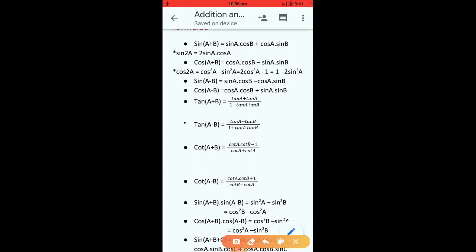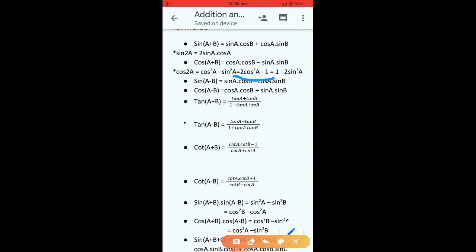Again, cos(A+B) is equals to cos A cos B minus sin A sin B. And again if A equals B, then we get cos 2A equals cos square A minus sin square A. And again if you want to write it in terms of cos A, then we can write 2 cos square A minus 1, from here you can see.